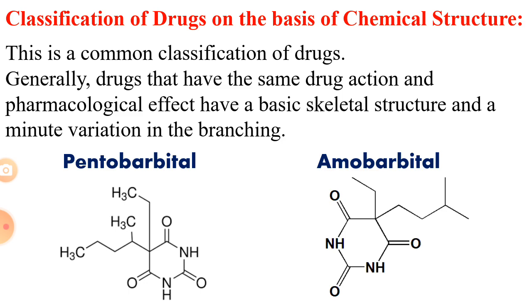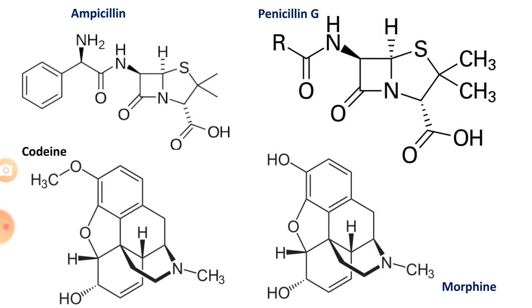Then opiates. The third type is opiates. Opiates contain codeine and morphine. These two drugs also have a similar type of structure. In our next figure, we can see the codeine structure and the morphine structure.